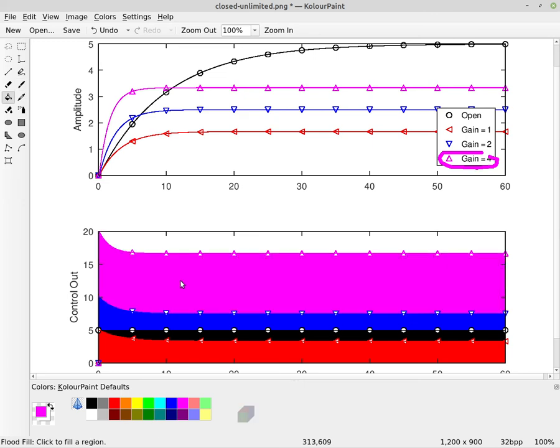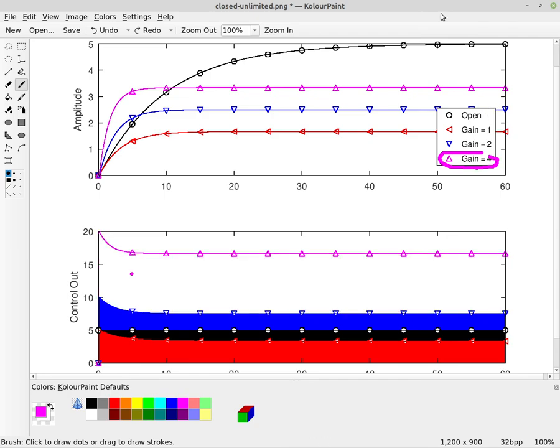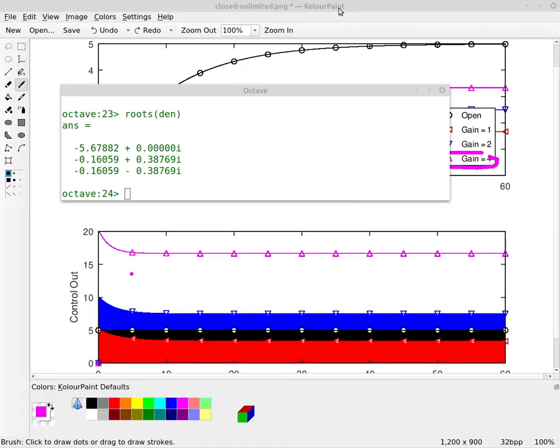This is how much energy it's taking with a gain of 4, four times as much energy as with a gain of 1. And yet our steady state error is still quite a ways off. So I want to look at this gain of 4.